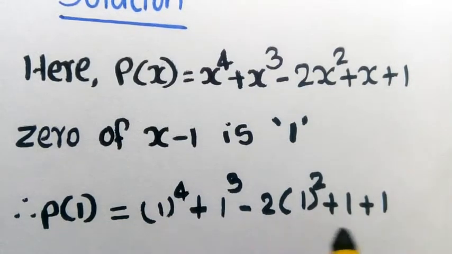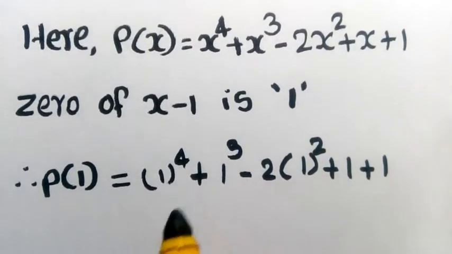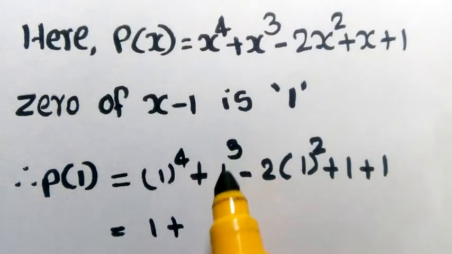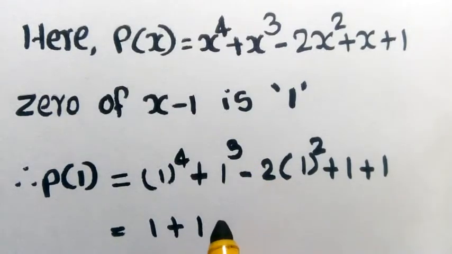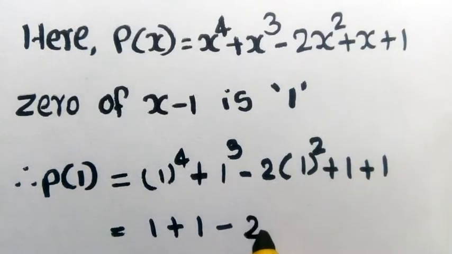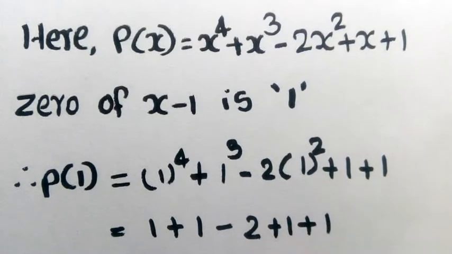Okay, now we need to find the value. 1 to the power 4 is equal to 1, plus 1 cube is equal to 1, minus 2 into 1 square is equal to 2, plus 1 plus 1.